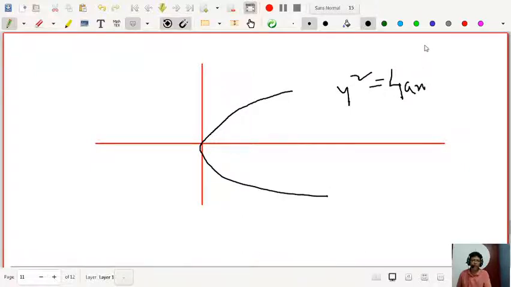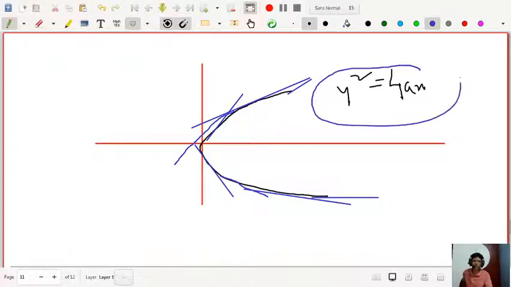And you know that the straight lines y equal to cx plus a by c are a family of straight lines like this. So there are infinite number of lines touching the parabola and touched by the parabola. So this parabola is the envelope of the family of straight lines.